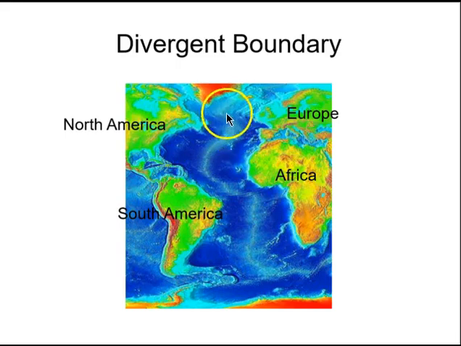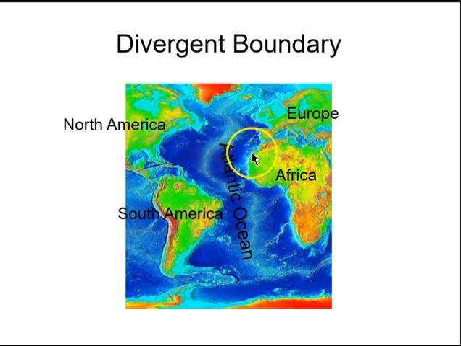And you see this line right here. This is actually in the middle of the Atlantic Ocean, and it represents a divergent boundary. Okay, so this is an area where plates on the left side of it are moving towards the left, and plates on the right side of it are moving towards the right, or more appropriately, plates on the western side of it are moving towards the west, and plates on the eastern side of it are moving towards the east.